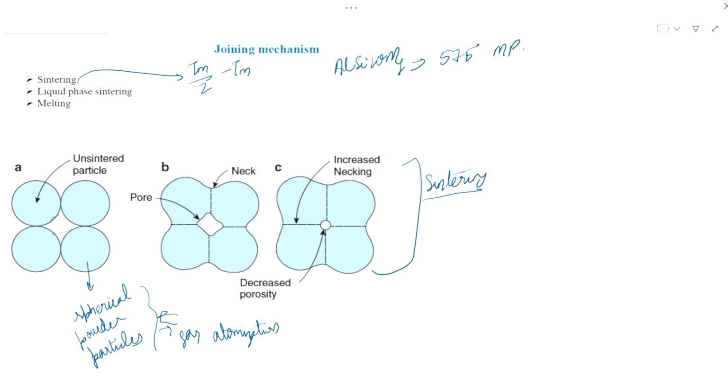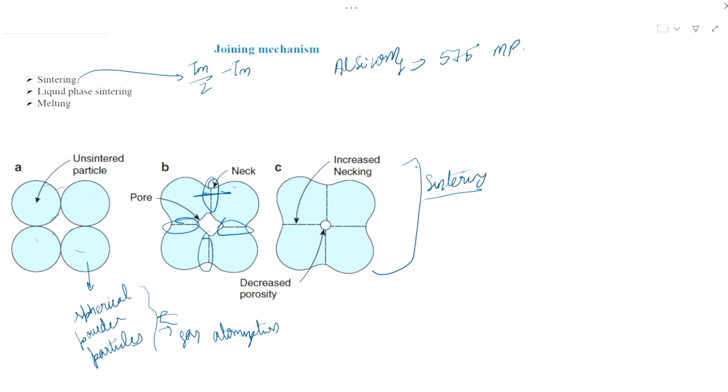Now, these are the three different stages of the sintering process. First we have the unsintered powder particles. Suppose we have these four powder particles. When we increase the temperature, there is partial fusion at the intersection of these powder particles. So it is starting to form a bond.